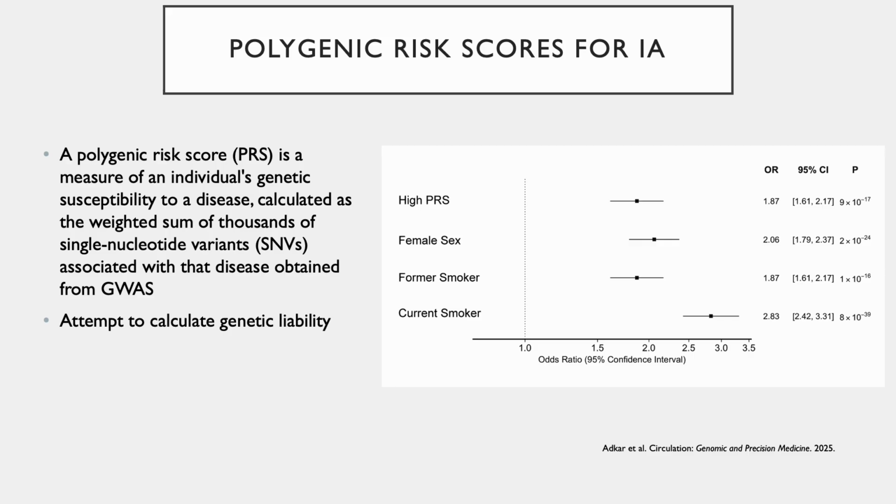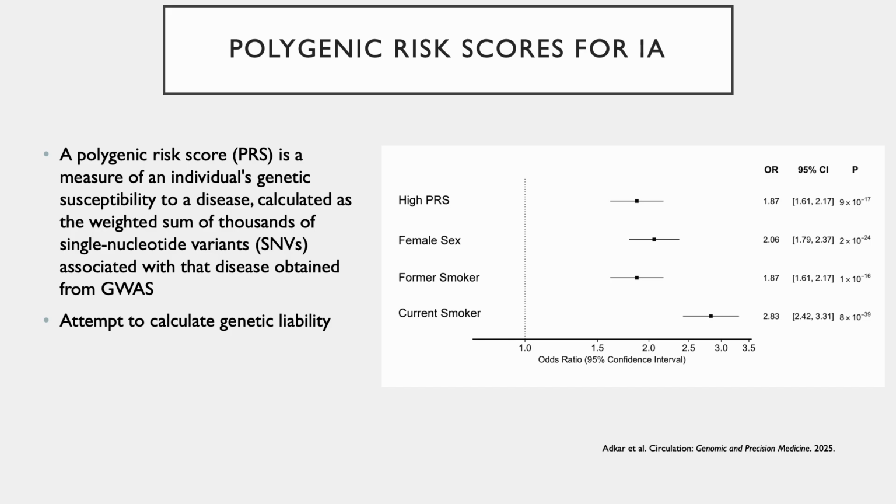So using the 2020 Nature Genetics GWAS data from Bakar et al., Adkar et al. constructed a polygenic risk score using over 700,000 variants. What they found was a high polygenic risk score was significantly associated with increased risk of intracranial aneurysm.